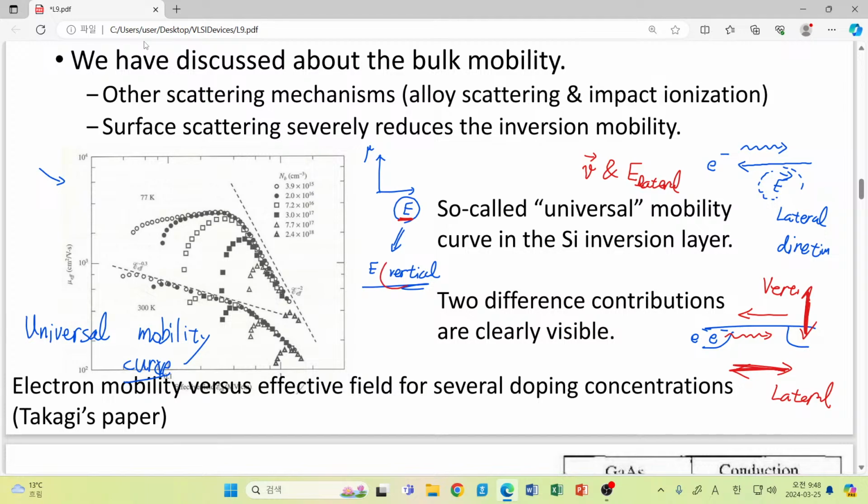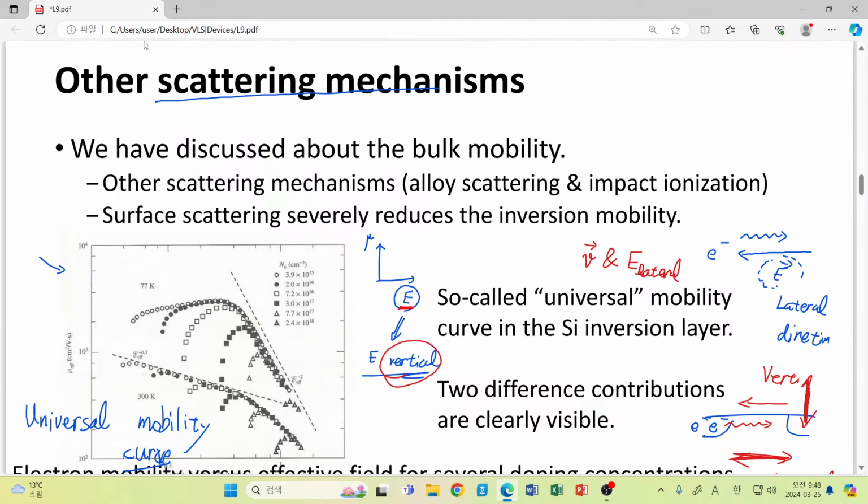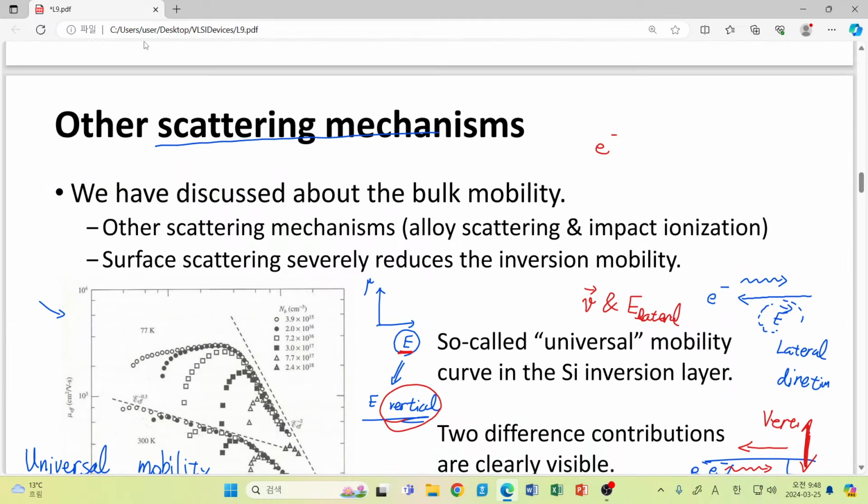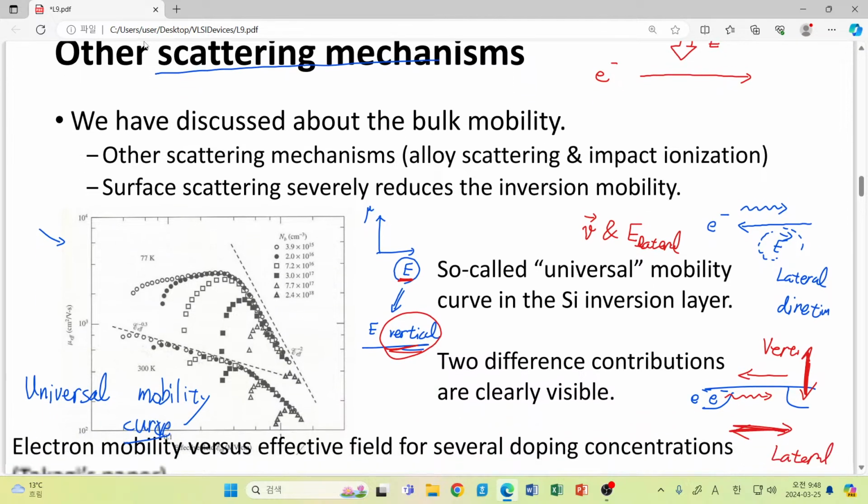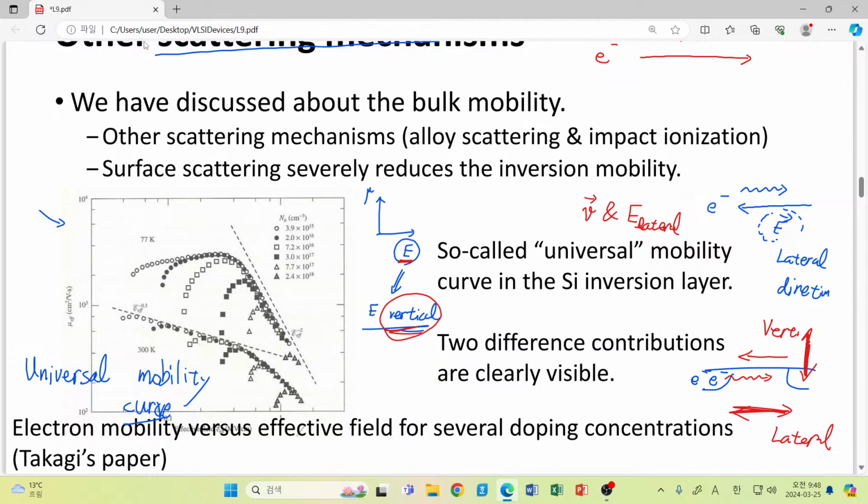That is the electric field perpendicular to its movement. I mean that although electrons are moving in this way, now we are considering a certain electric field heading in that way. This is the x-axis of this universal mobility curve.